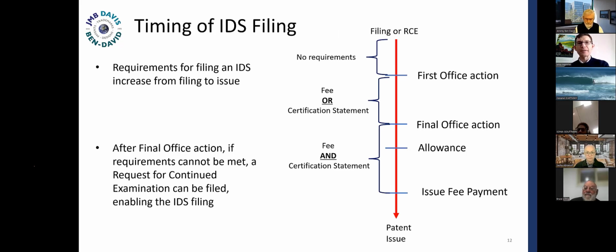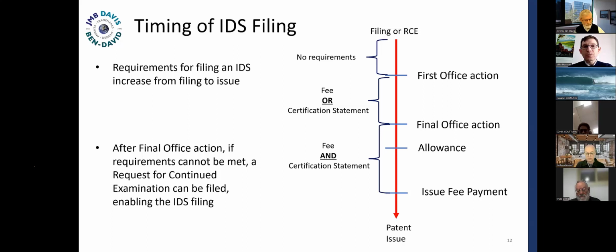Okay, let's talk about the timing of all this. Like I said, it gets a little bit more difficult over the lifespan of a patent application from filing to issue. When we first file the patent application, up until receipt of the first office action, by that in the US, that's the first substantive office action, not the restriction requirement, you can file basically anything without USPTO charge and without making any sort of certifying statement about that document.